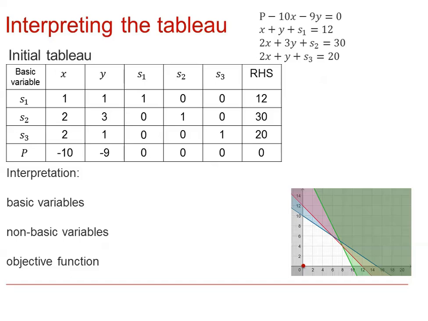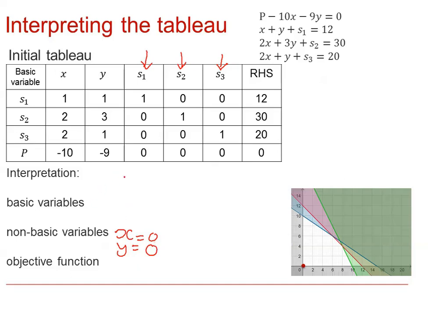Basic variables are non-zero variables, and to find these we look for columns with a single 1 and lots of zeros. So in this case we've got S1, S2 and S3. So S1, S2 and S3 are basic variables and everything else are non-basic variables. Non-basic variables are equal to 0.